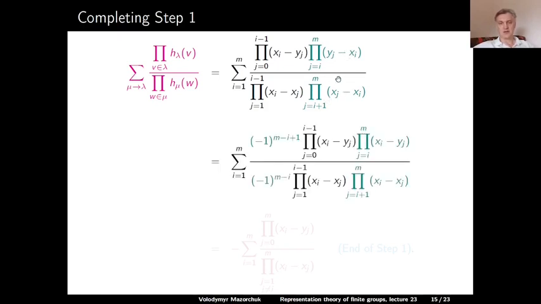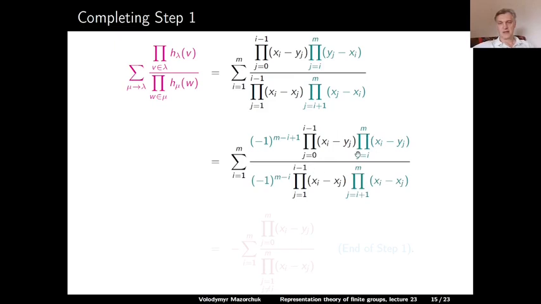So the green part changes to minus 1 to the power the number of factors times the product now of xi minus yj. And similarly here we will have one factor less, because j here starts from i plus 1 and here from i. And in the denominator, we will also have now a product of xi minus xj.